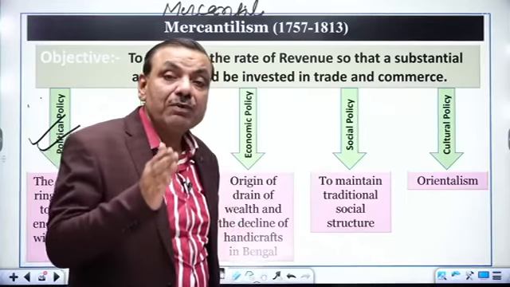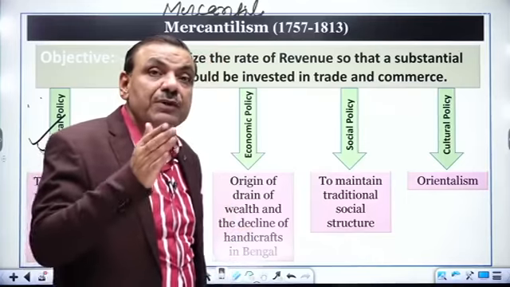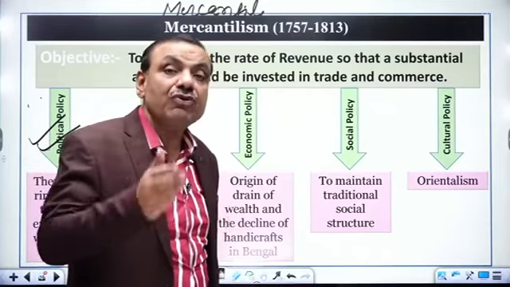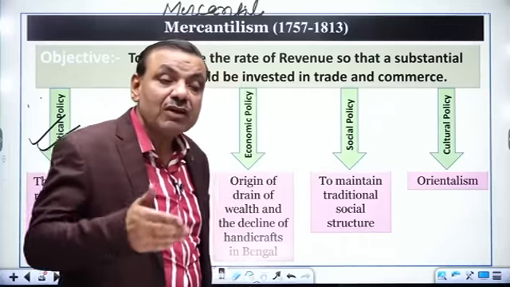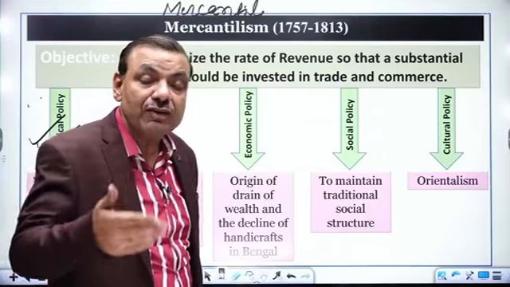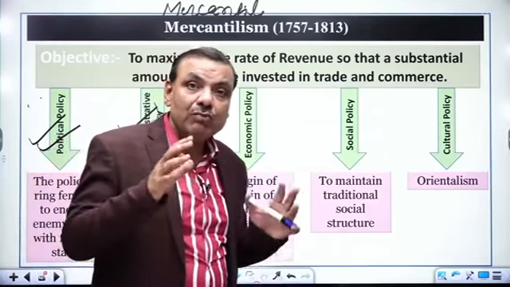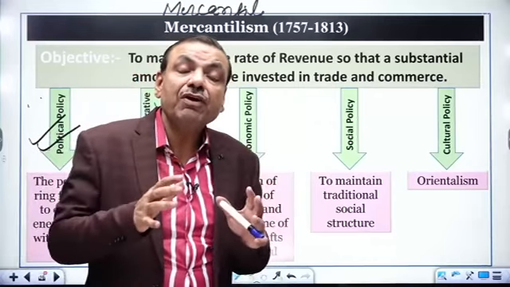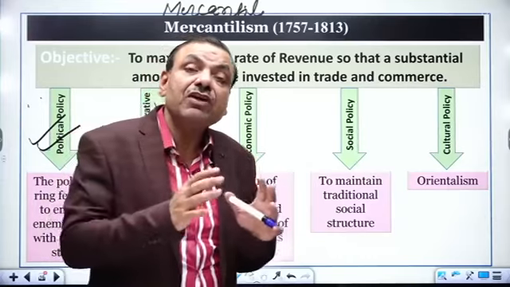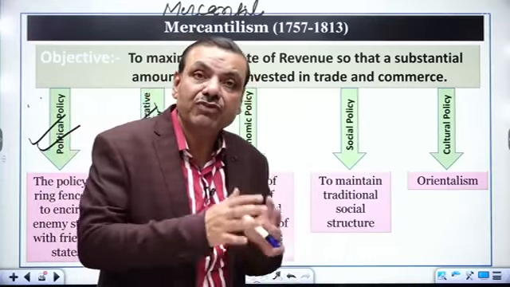The British company was mainly interested in bringing reforms in the land revenue system, because the basic objective was to maximize the collection of revenue. So they preferred to bring certain reforms in the revenue system.